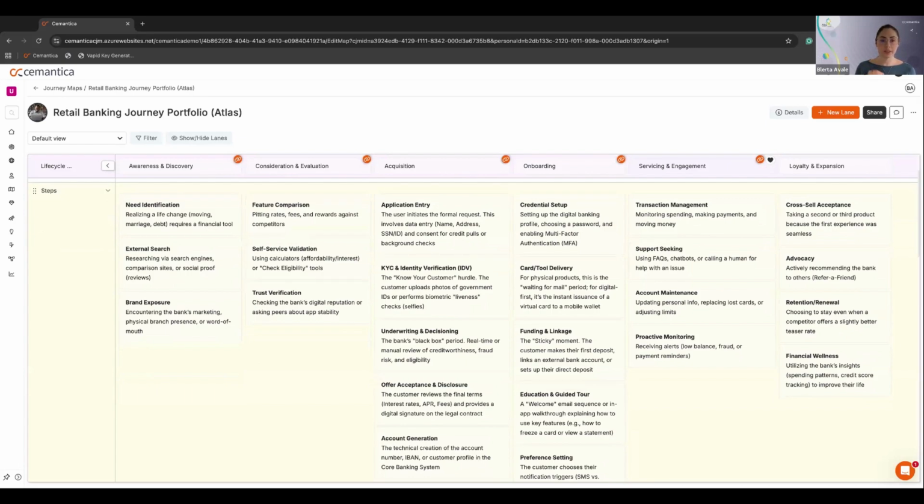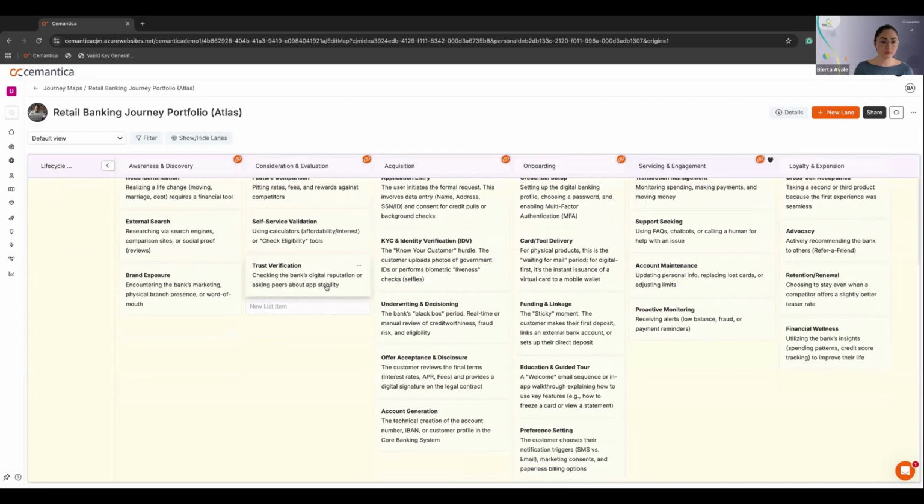So what are the different steps that the customer is going through, or the different steps that are happening in each of these life cycle stages? Like you see here, we have need identification, external search under awareness and discovery. We have feature comparison and self-service validation under the consideration and evaluation stage, for example.